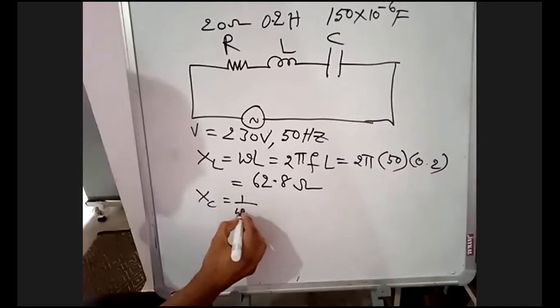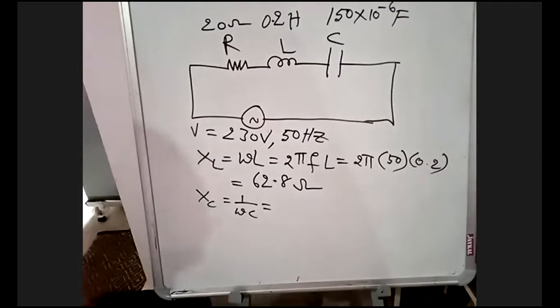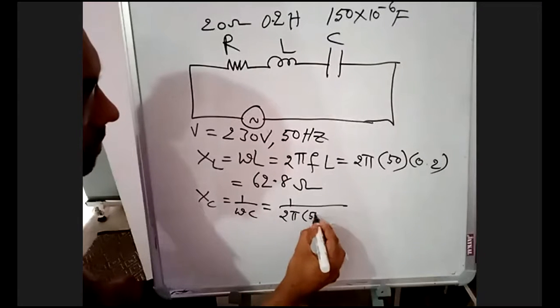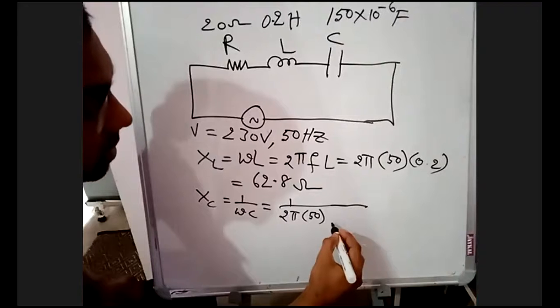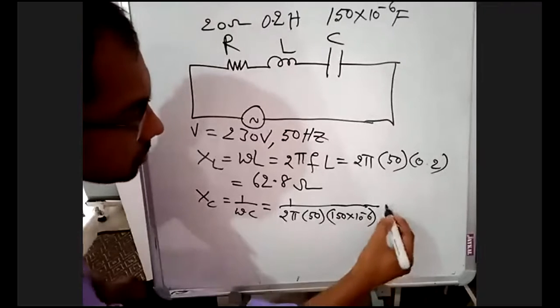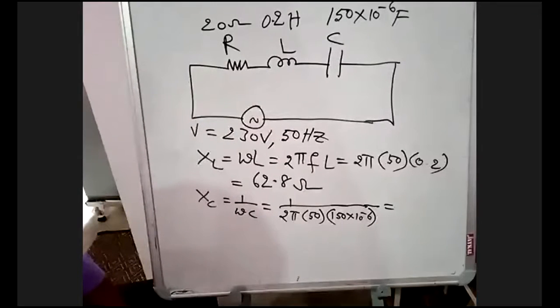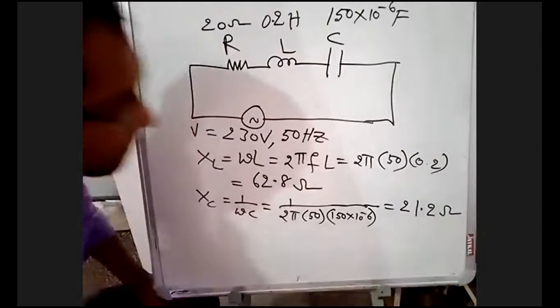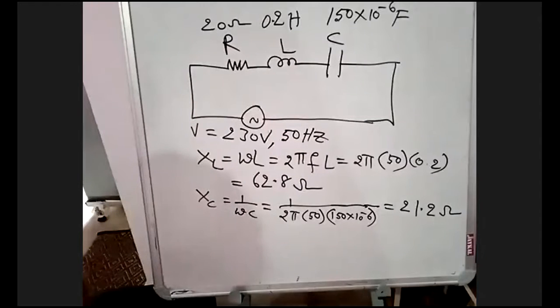XC formula is 1 by omega C. 1 by omega C, that is 1 by 2 pi, frequency is 50, your C is 150 into 10 power minus 6. Verify whether you are getting the answer or not.